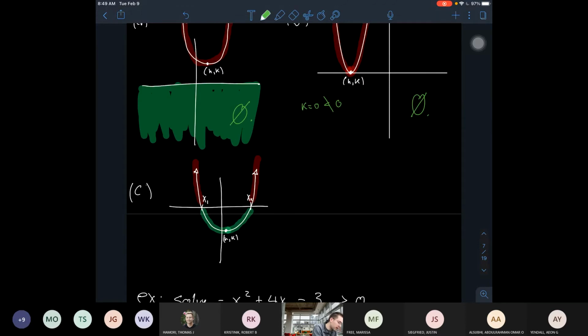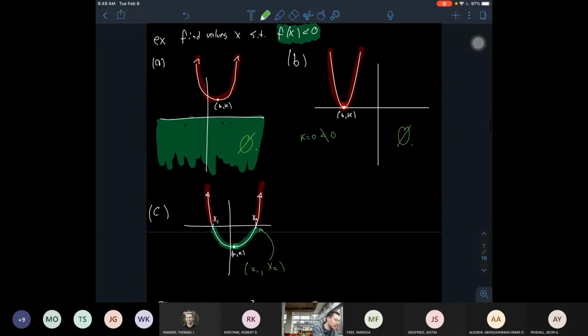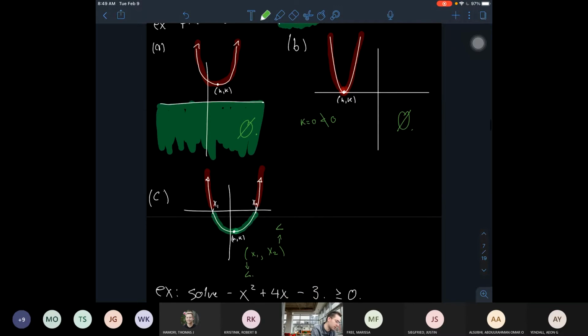So I'm going to use parentheses around my zeros here, x1 and x2, because I know that if I were to actually plug them in, I would get 0, and I'm looking for the places where we're strictly less than 0. So these parentheses come from the fact that we have less than signs. Okay, but not less than or equal to.